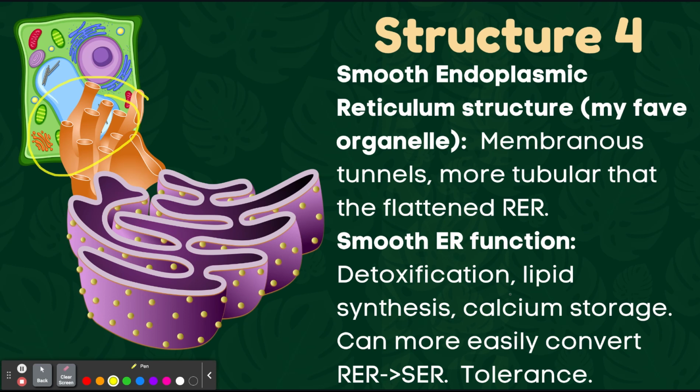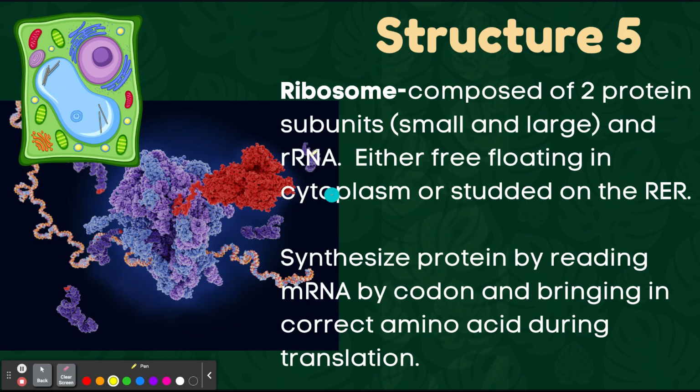All right, next structure on your page is structure 5, which is a ribosome. The ribosomes are made of protein themselves, and they have two subunits, a larger subunit and a smaller subunit.